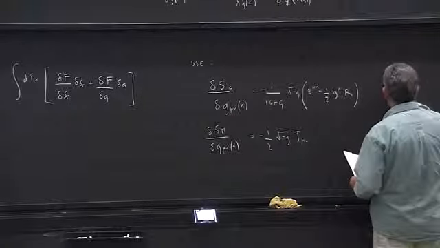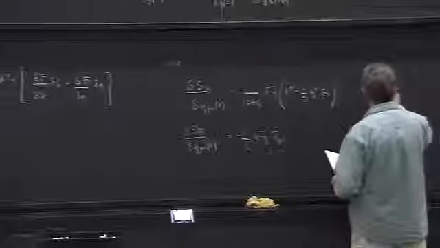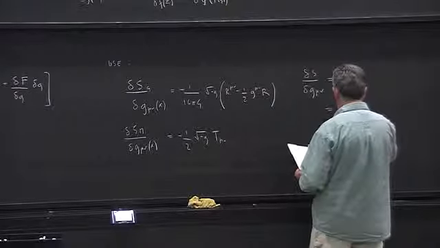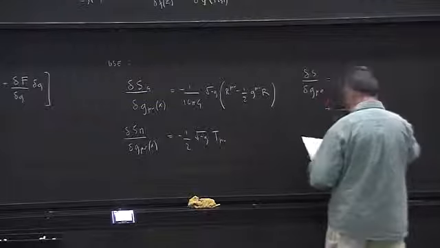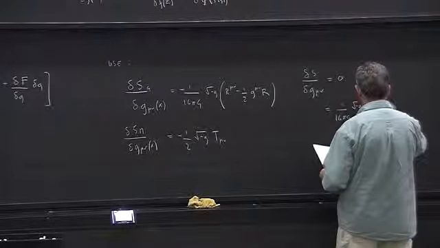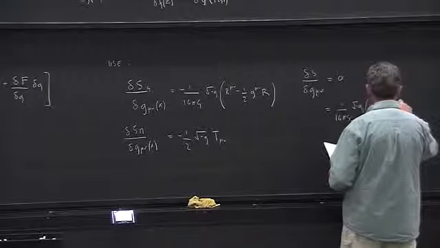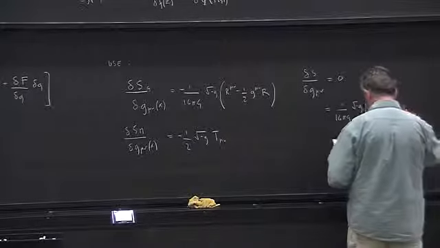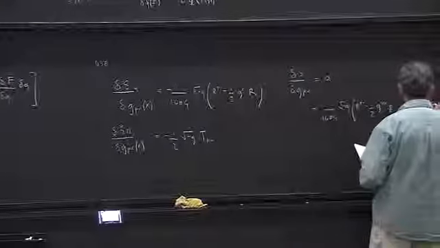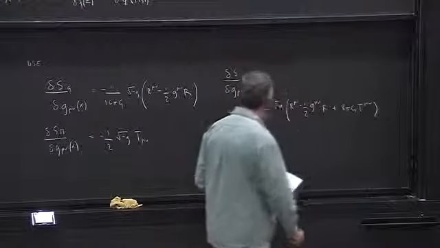So delta S over delta g mu nu equals 0 equals R mu nu minus 1/2 g mu nu R plus 8 pi G T mu nu is equal to 0.